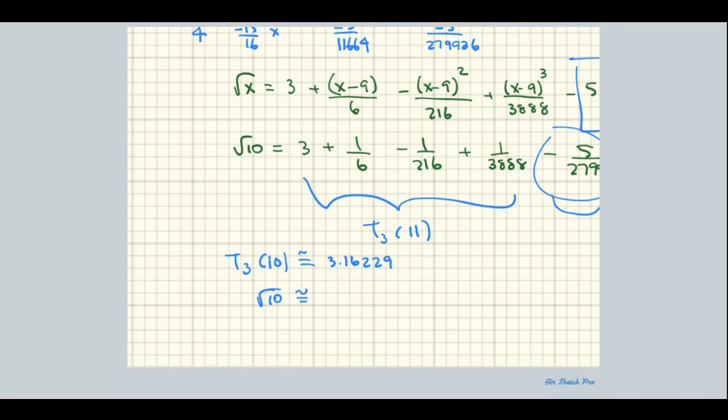Okay, so root 10. I'm seeing 10 to the 0.5 is 3.16227. Yes?